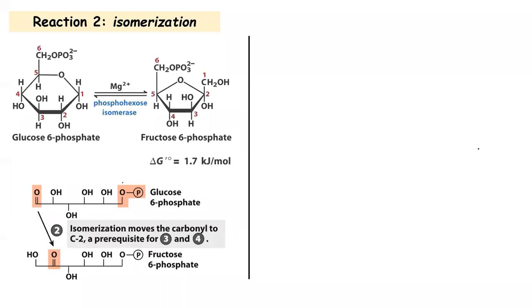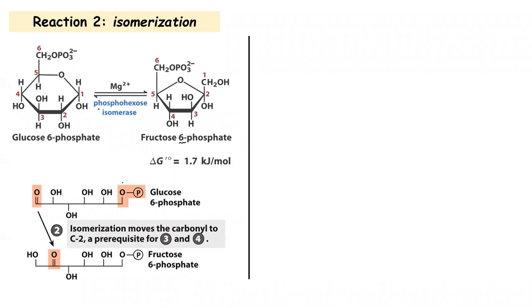So let's look further at some other reactions. So the second reaction in the process is called isomerization. We're forming isomers. And this is a reversible reaction where we can go from glucose 6-phosphate to fructose 6-phosphate. By the way, when we see that number 6, it indicates which carbon it is attached to.